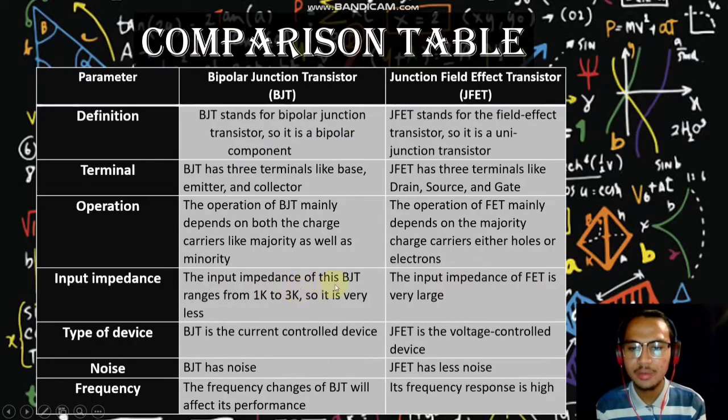The input impedance of BJT ranges from 1000 to 3000, so it is very low. For JFET, the input impedance is very large. Type of device. BJT is a current control device, while JFET is a voltage control device. For noise, BJT has noise, while JFET has less noise. And for frequency, the frequency change will affect BJT's performance, while JFET's frequency response is high.